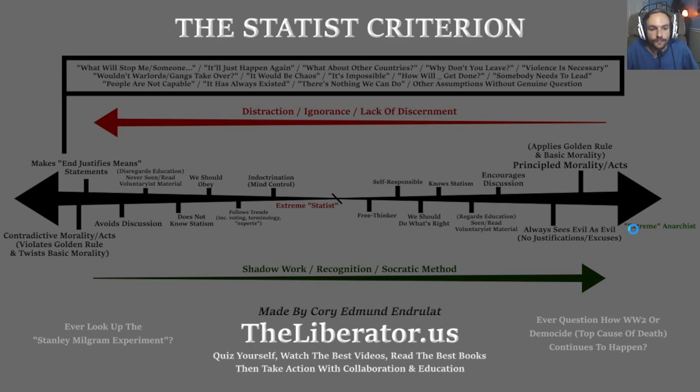Okay, so then we have disregarding education, or basically, if you've never seen or read any voluntarist material, this could include works from Larken Rose, Mark Passio, Murray Rothbard, many of the anarcho-capitalists. It can be even people who just talk about anarchy all through history, Emma Goldman, and maybe the abolitionists who ended slavery.